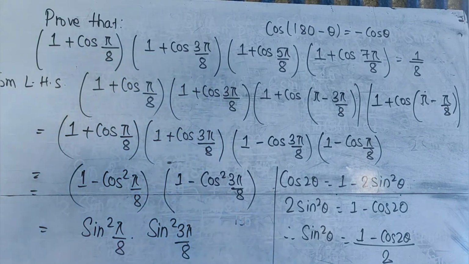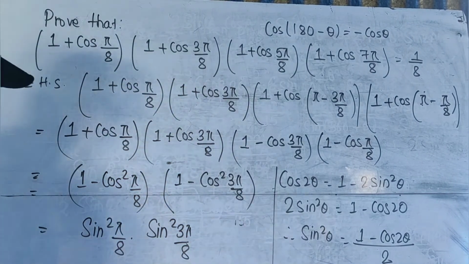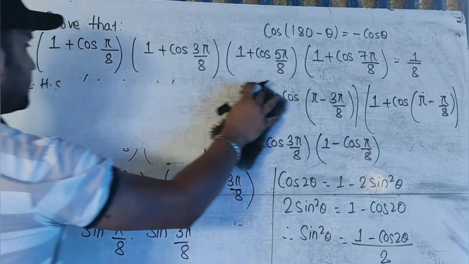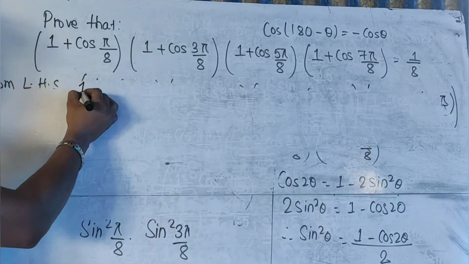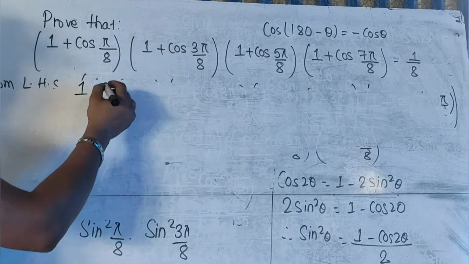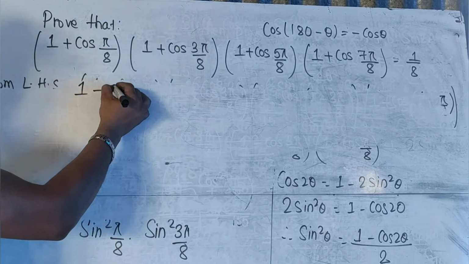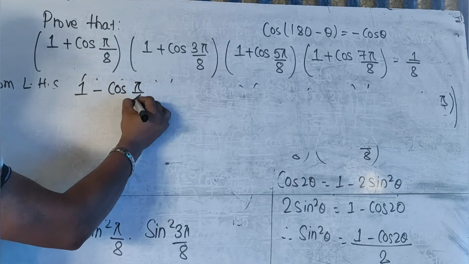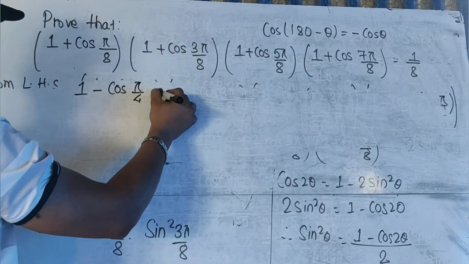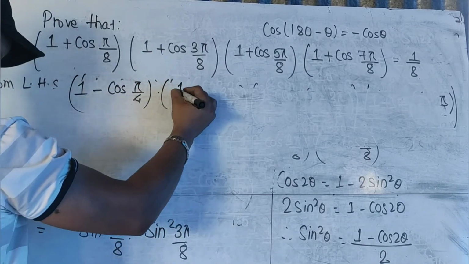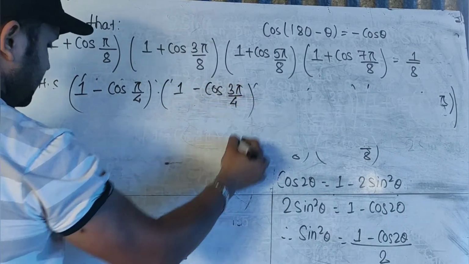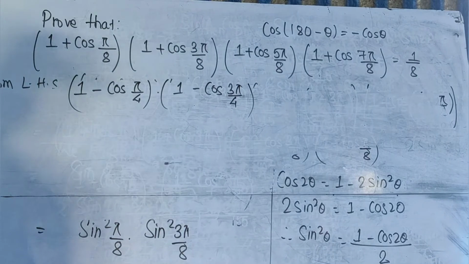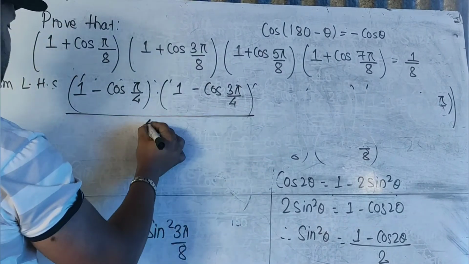Now let us further solve it. When you further solve it, 8 divided by 2 gives you pi by 4. Here you have pi by 4, and you also have 1 minus cos 3 pi by 4. 2 1 is 2, 2 4 is 8; the denominator is 4 here.